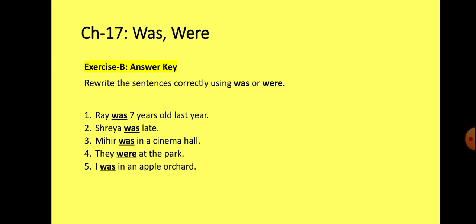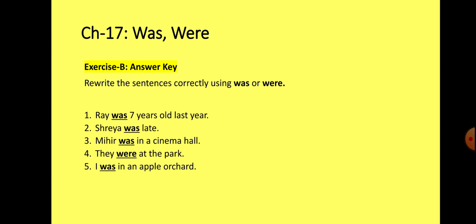Now, exercise B. Rewrite the sentences correctly using was or were. Number 1. Ray was 7 years old last year. Now, Ray is singular person, so we say was. Number 2. Shreya was late. See children, in the book it is given as Shreya were, so we have to correct it to was. Number 3, Mehir was in a cinema hall.